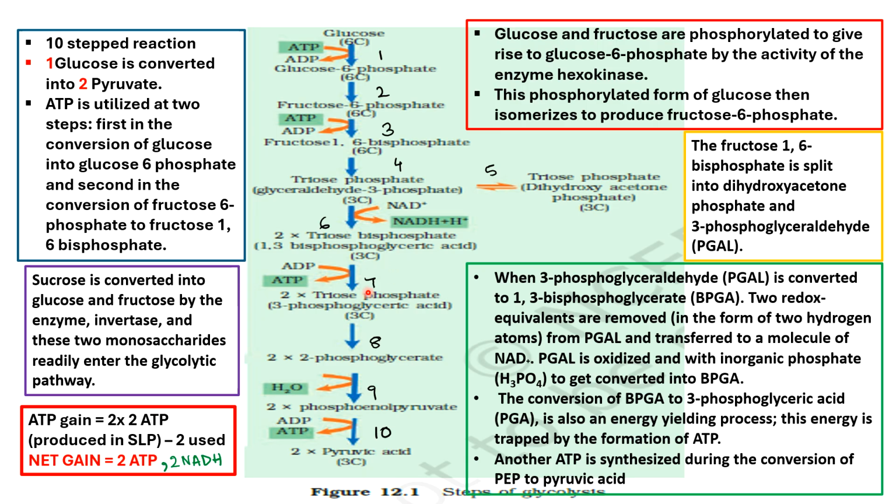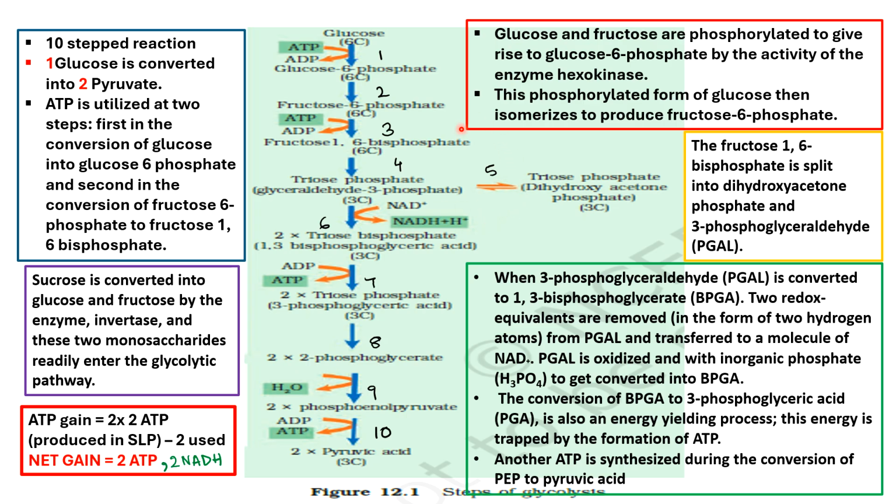That is step number 7 and step number 10. We have energy which is released as ATP. So this release of energy as ATP is called substrate level phosphorylation. Okay, and in step number 6 we have NAD plus, which is getting converted into NADH and H plus.